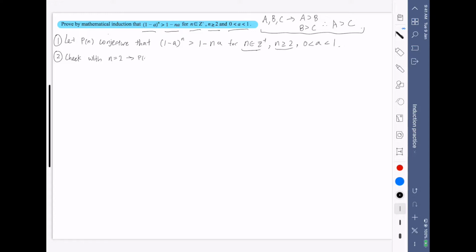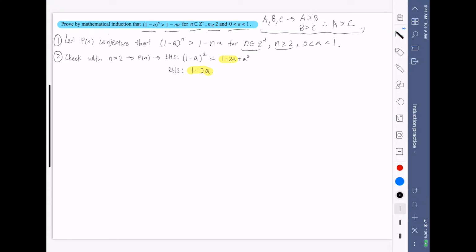So that would be P(2). Let's start with the left-hand side. The left-hand side is (1 − a)^2, and that is equal to 1 − 2a + a squared. And let's look at the right-hand side. The right-hand side would simply be 1 − 2a, right? Now here, you can see that this part of the expression and this part of the expression is the same.